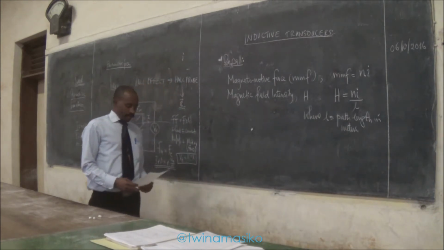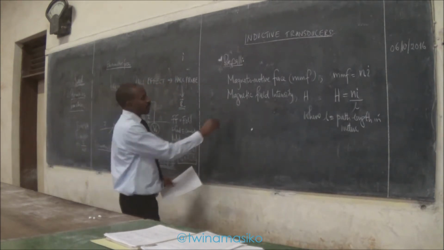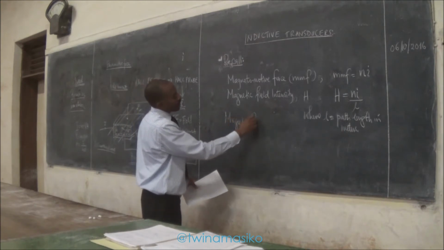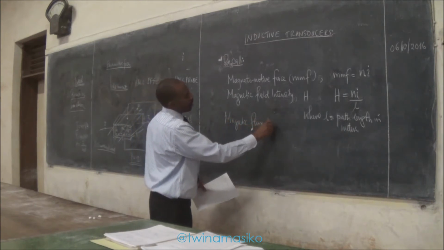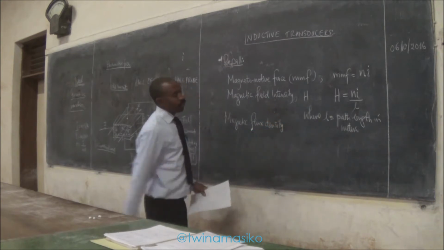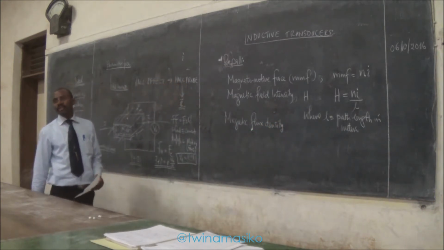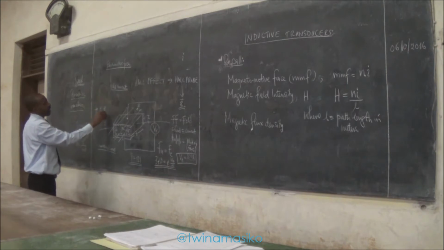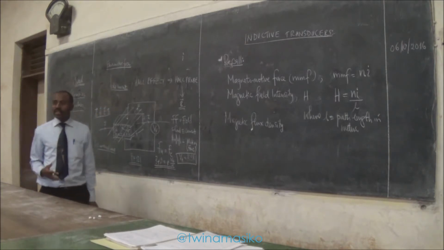And then we got the flux density, magnetic flux density. In electromagnetism, you are obsessed with having B, H and E, and you have to make sure they are vectorial.